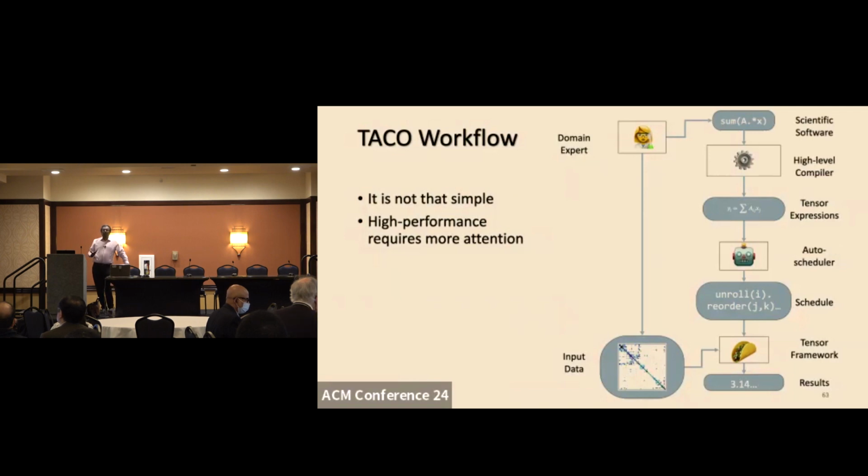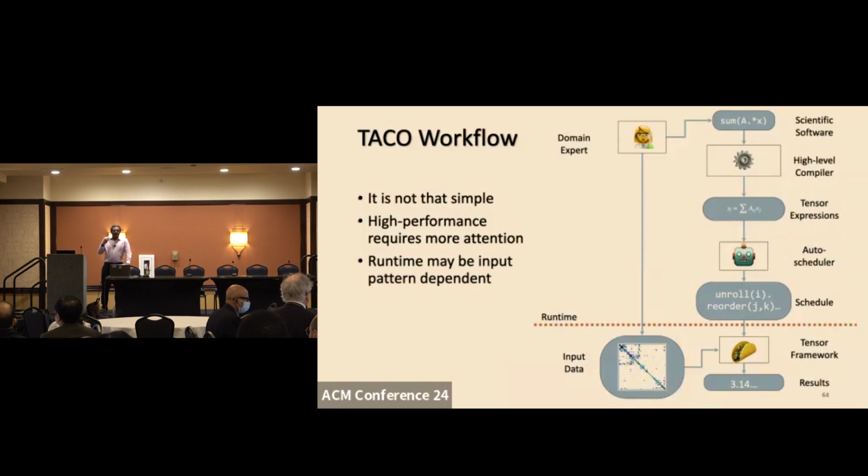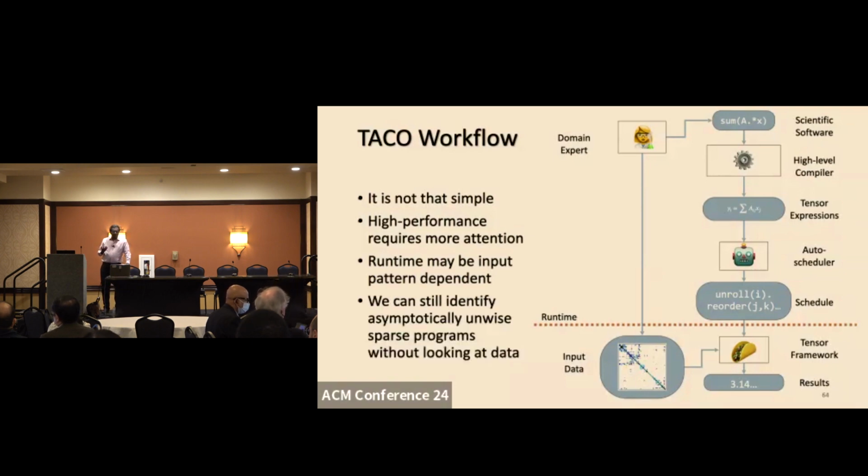So we want to come up with an auto scheduler to replace this human. One way to think about that is, can we find, before I have the input, a schedule that will work best for every possible input? Here we came up with a system that will identify the asymptotically best schedule no matter what the input is.